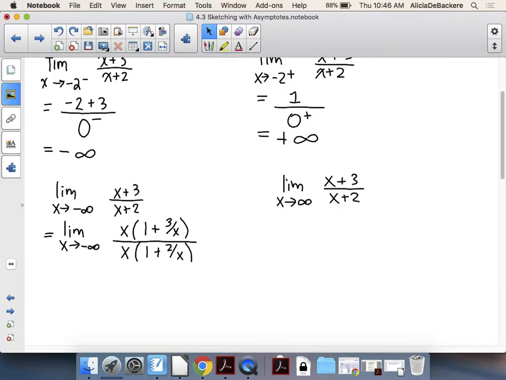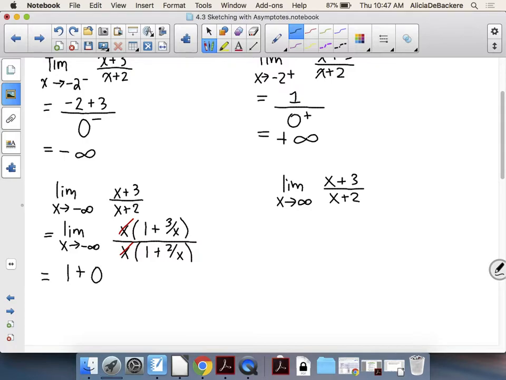The x's are going to cancel, and then I can take the limit. So taking the limit as x goes to -infinity, I'm going to get 1 plus almost 0. And then taking the limit as x goes to infinity on the bottom, I get 1 plus almost 0 again, and 1 divided by 1 is 1.